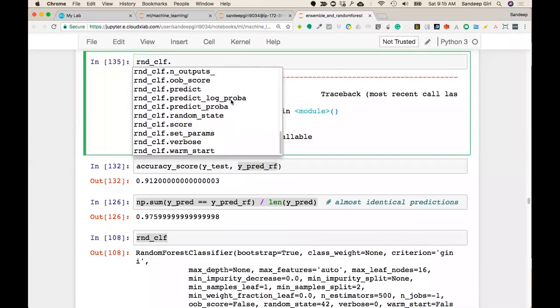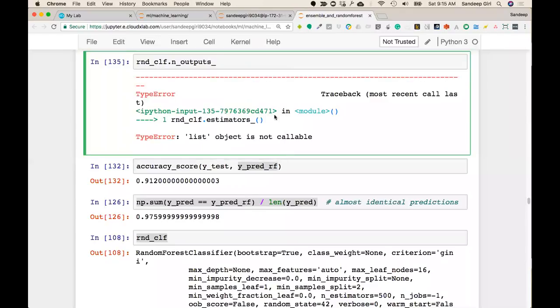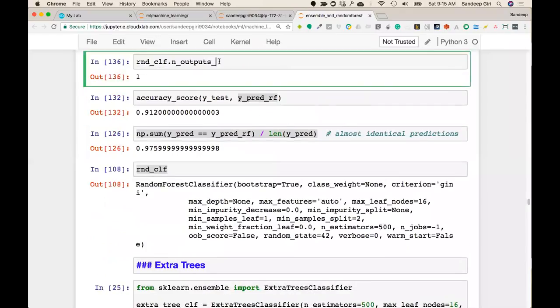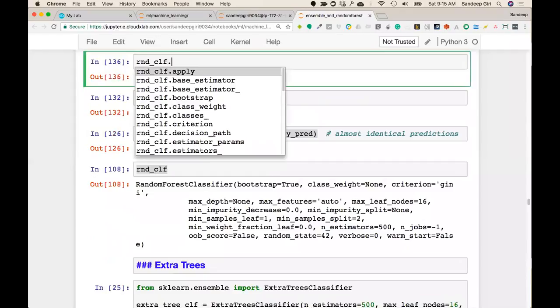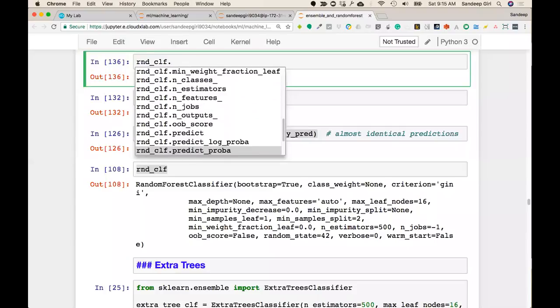There is probability, and score. Let's take a look at base estimator, bootstrap, classes. The question is, can we see the accuracy of each one?